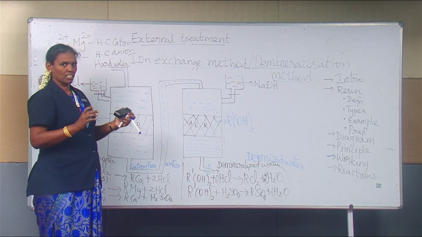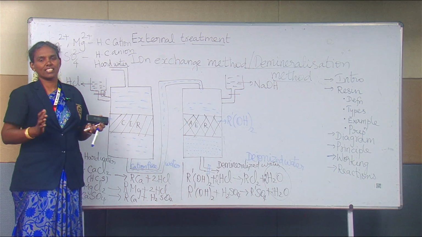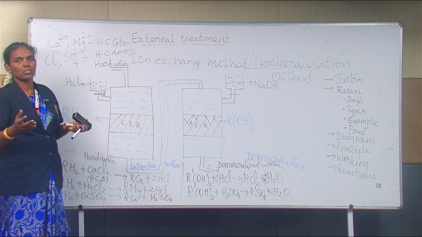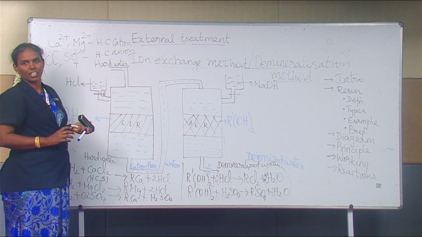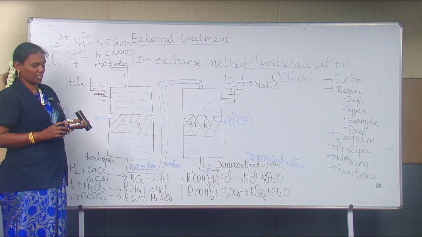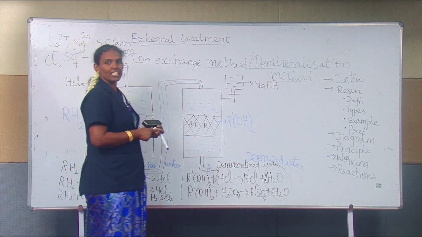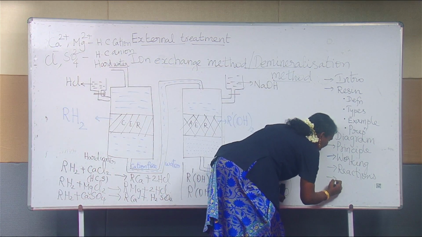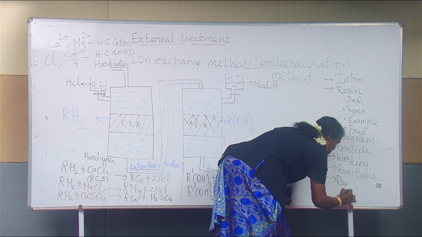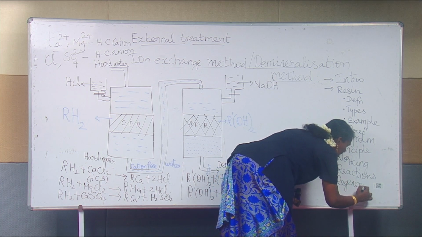Once the resin is exhausted, there is no resin left to replace H+ ion and OH- ion. During that time, what will happen? We have to write the regeneration method. So the next step is regeneration.